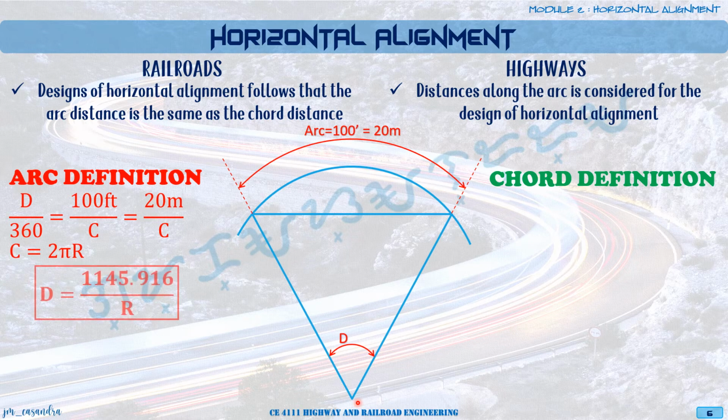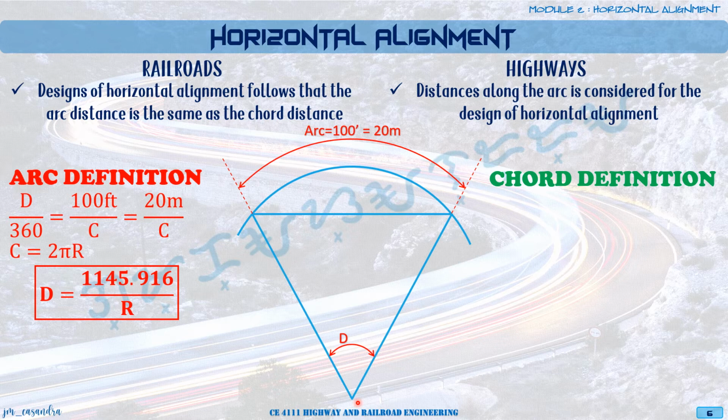So the degree of curvature now is equal to 1145.916 all over r. So this is taken from 360 and 2 pi. So you can memorize this equation, or you could simply derive it from this one. Okay, so if the degree of curvature is known, then you can find for the radius, or if the radius is known, then you can solve for the degree of curvature.